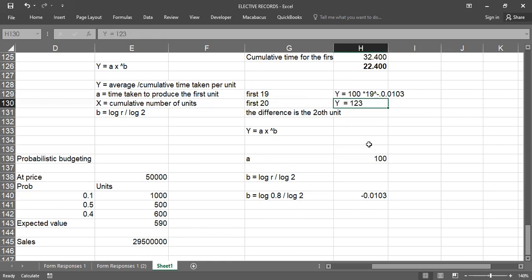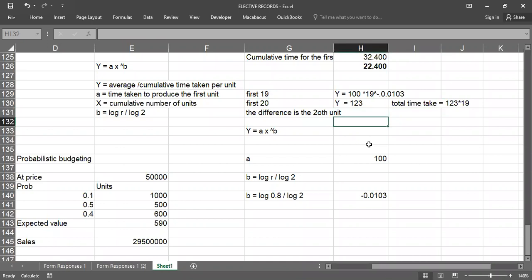If they ask for average time, fine. If they want total time taken, so the cumulative, just take the 123, which is the average, times the number of units, they were 19, to give you the value. So the first 20, same thing.